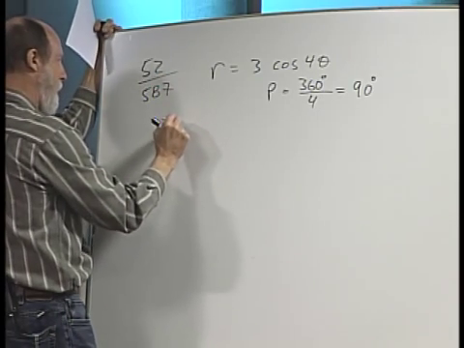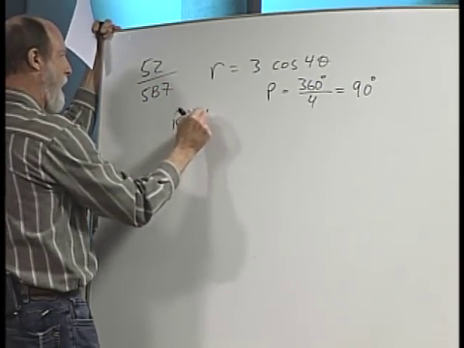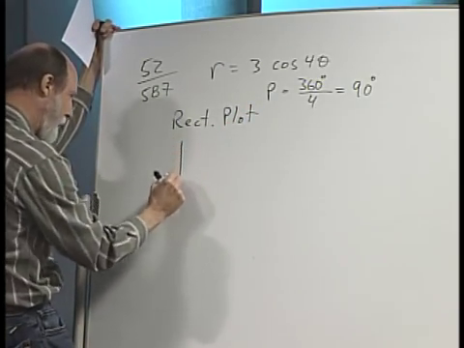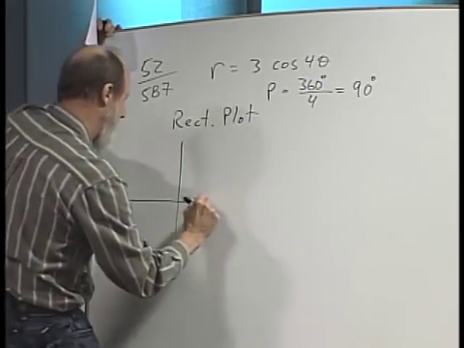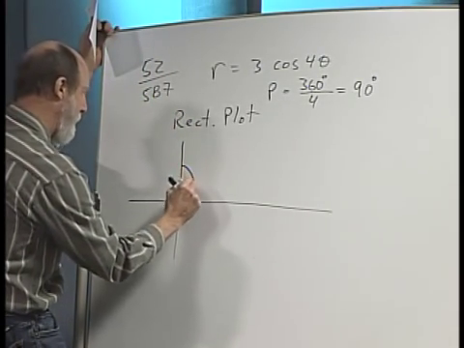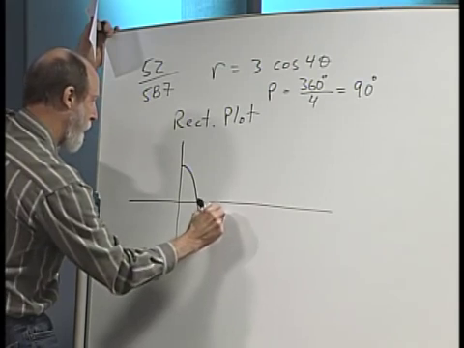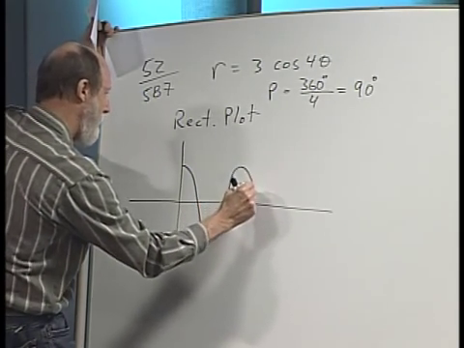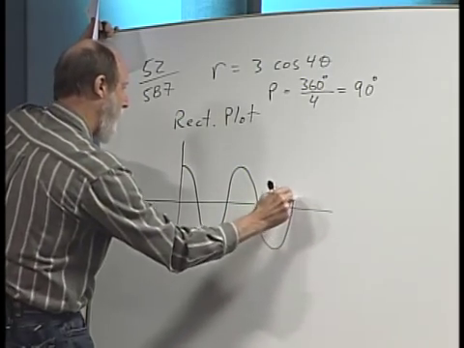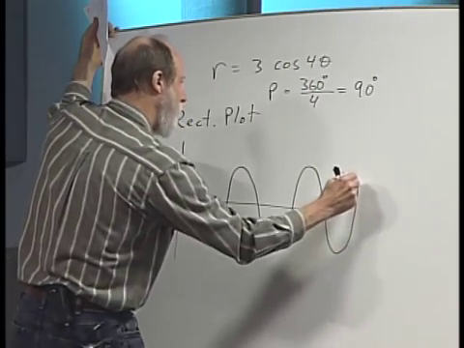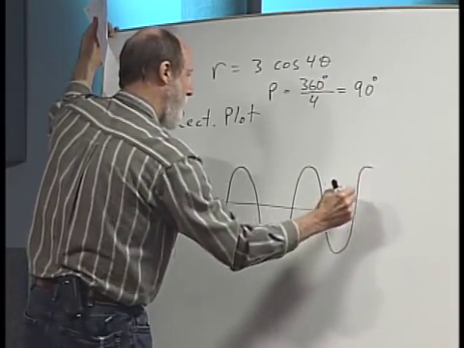So what I'm going to do is I'm going to draw what I like to call the rectangular plot. And here it is, and I'm going to draw it large enough that I can do several cycles. So I'm just going to be drawing several cycles of cosine. 1 cycle, 2 cycles, 3 cycles.